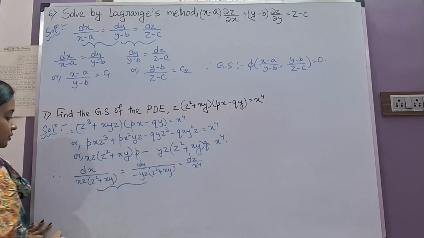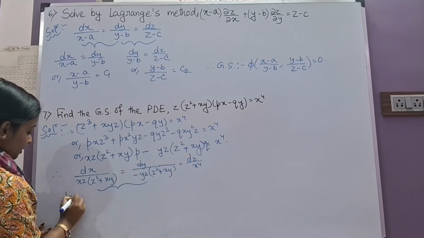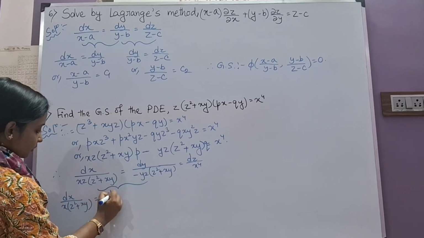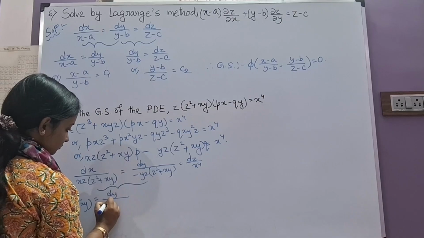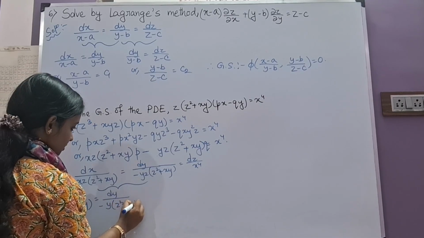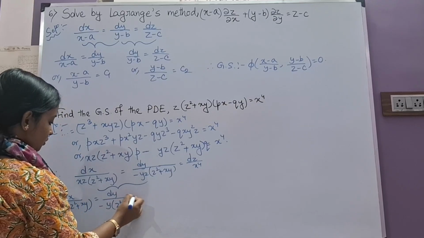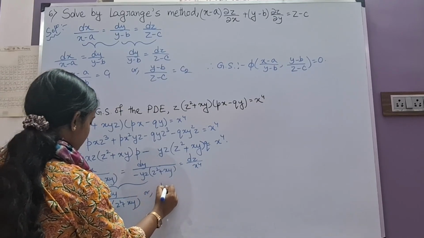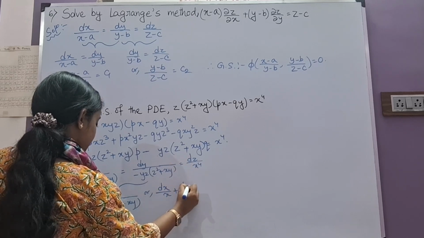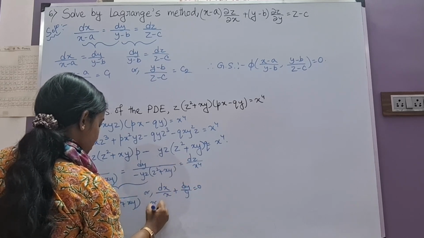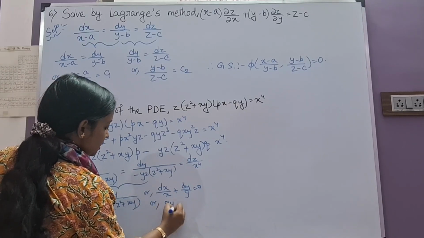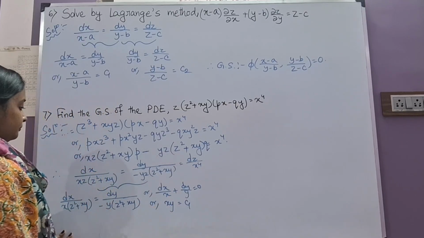Now choosing the first two ratios, we get dx by x into (z squared plus xy) equal to dy by minus y (z squared plus xy). (z squared plus xy) also cut each other. So what we are left with? dx by x plus dy by y equal to 0, or log x plus log y equal to log c1, that is xy equal to c1.